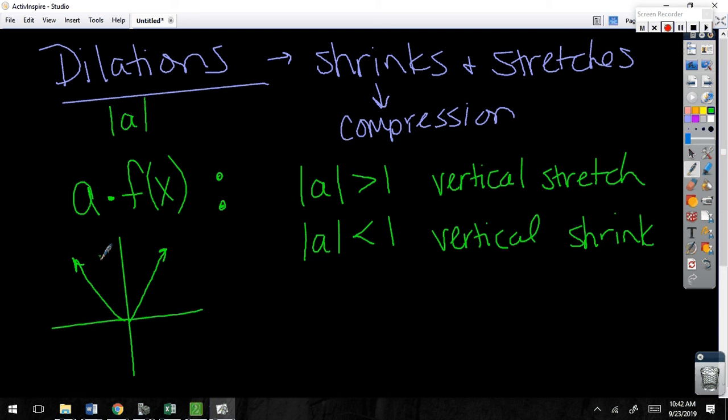Thinner, right? Think about it. If you pulled on the ends, a vertical stretch is shrinking it in. Does that make sense? So the shrink would make it fatter.